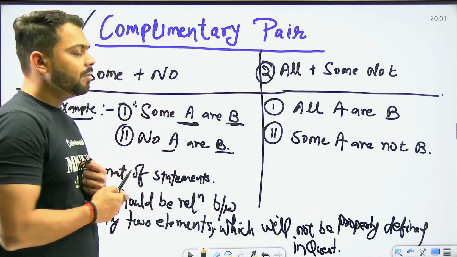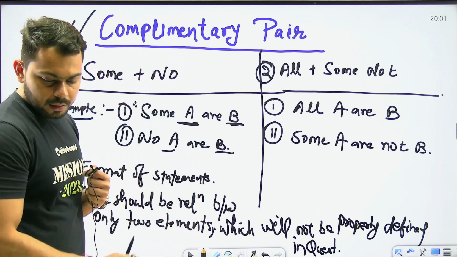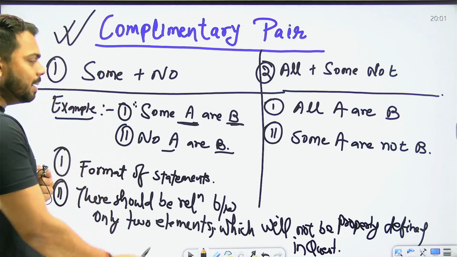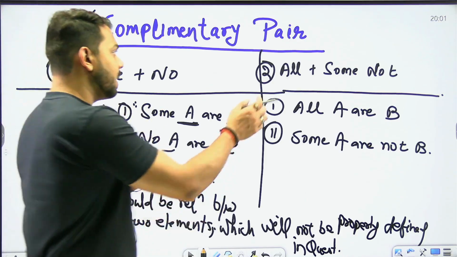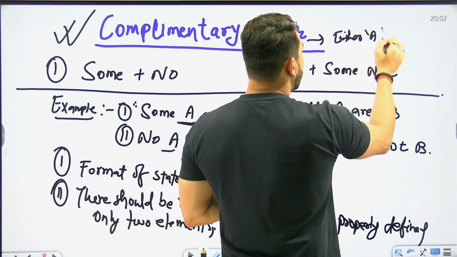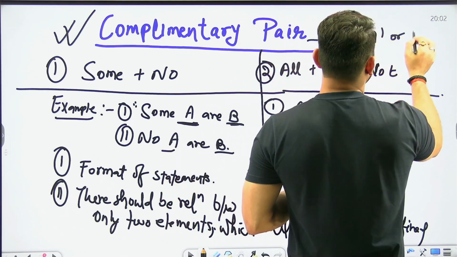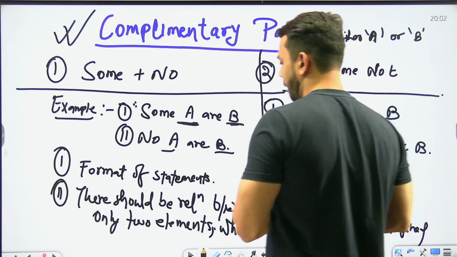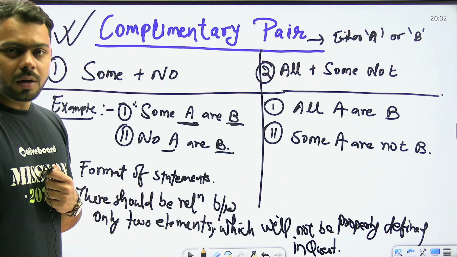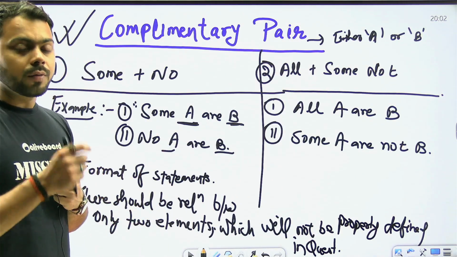So in this case, we will go for the complementary pair, and we will click on the either-or option: either conclusion 1 or conclusion 2 follows.